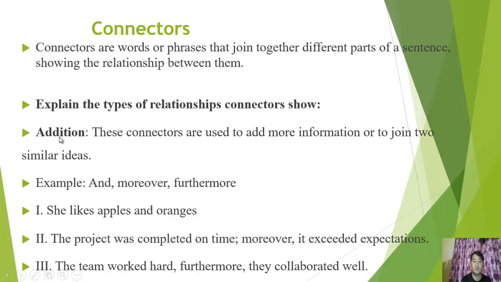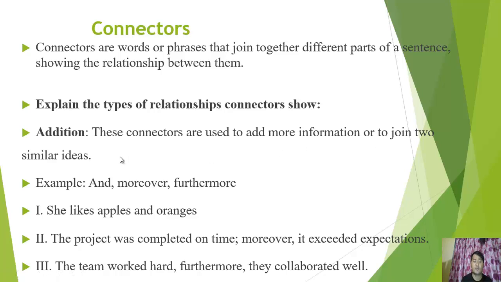Number one is addition, and there are three other types I'm going to take you through. Before that, I'm going to define what addition is under the types of connectors. These connectors are used to add more information or to join two similar ideas.